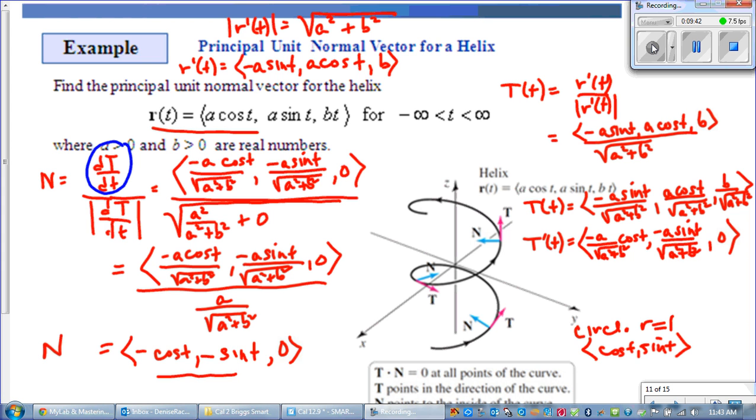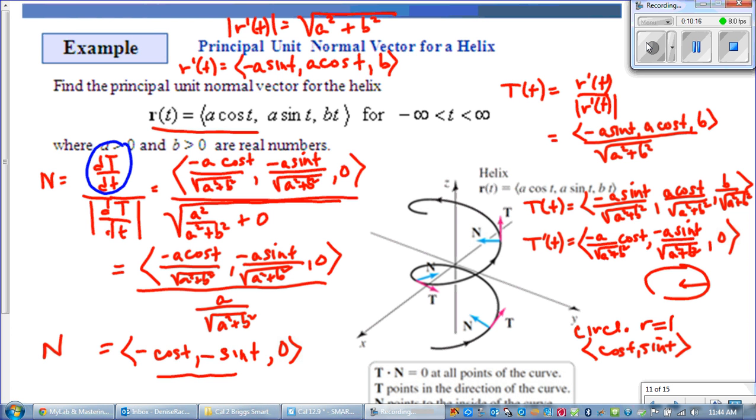So this is simply the vector that's pointing inward from the outside of the circle. So if you take any given circle, the unit normal vector is constantly pointing to the inside of the circle. It's horizontal. So the principal unit normal vector for this helix will always be pointing toward the z-axis, which is the direction of the curvature.